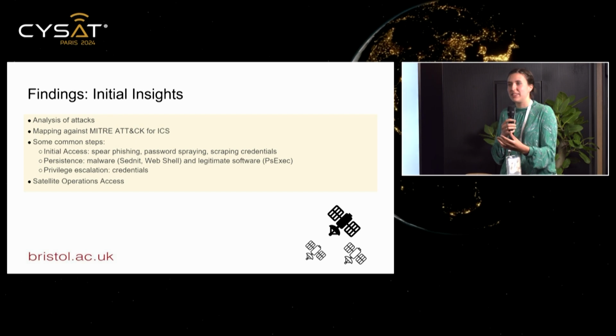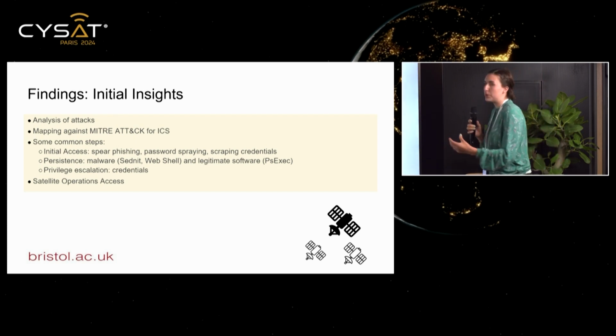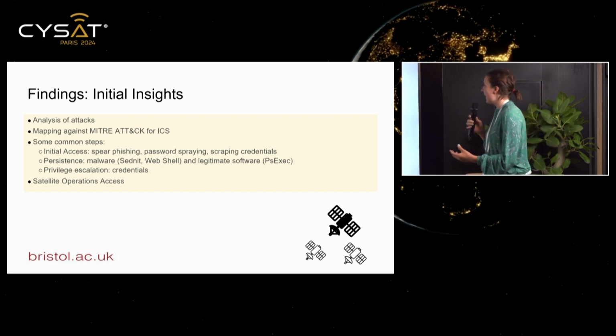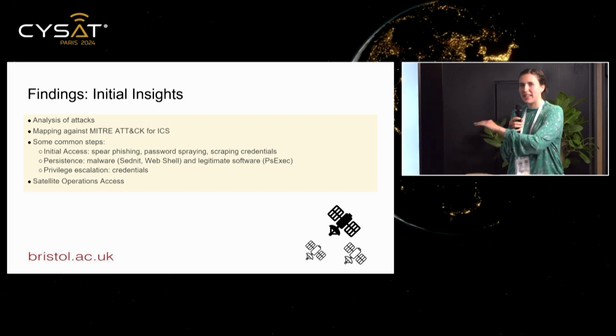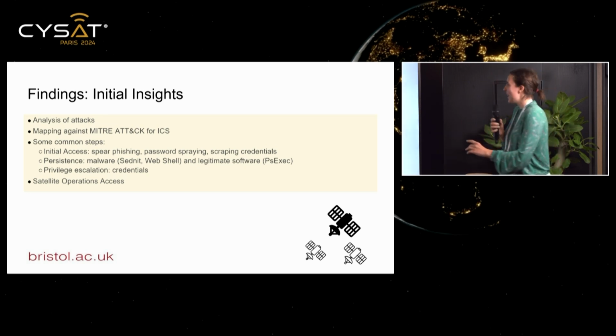That meant they could very easily increase their privileges, so they were able to exploit that vulnerability and gain higher credentials. So you can see that these were some of the steps that I found. As I mentioned, this is just a brief presentation about some of the findings, and you can find more in-depth information in the paper.